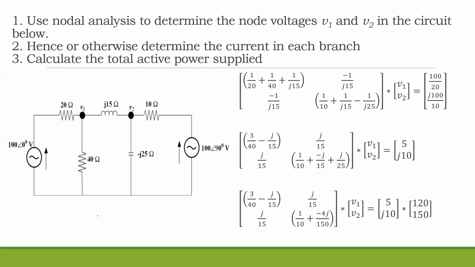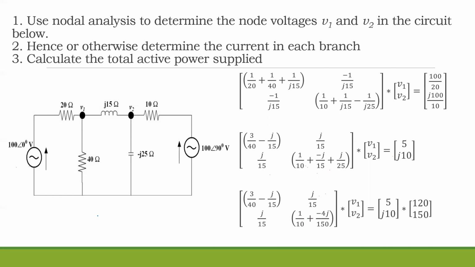Remember, if you multiply a row in a matrix by a number, you're not going to change the result. That row represents a single equation.